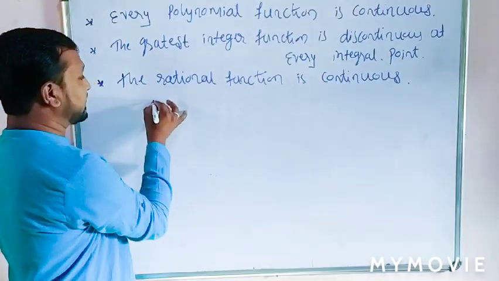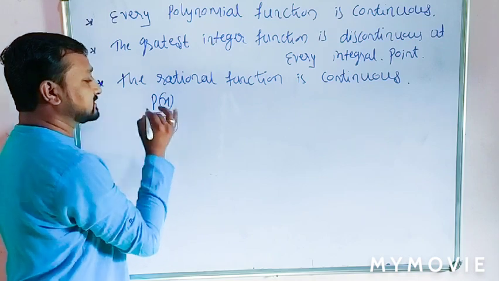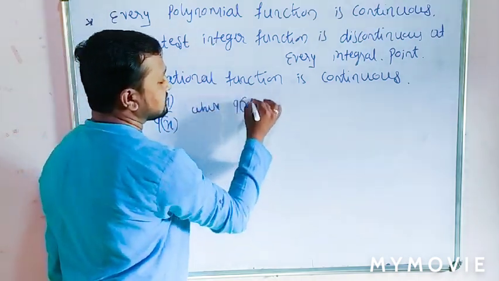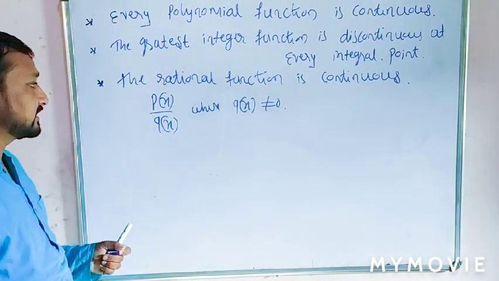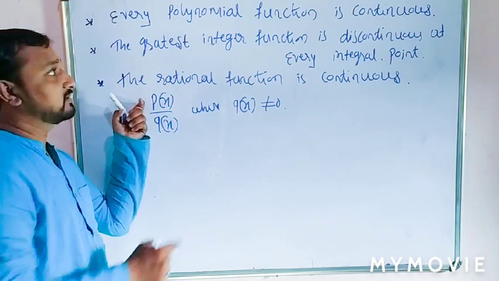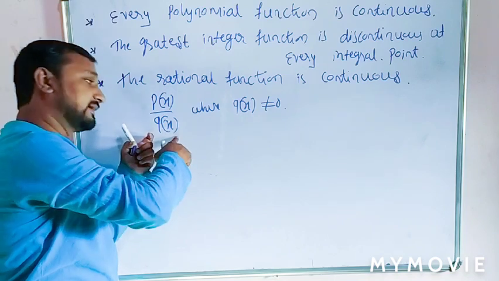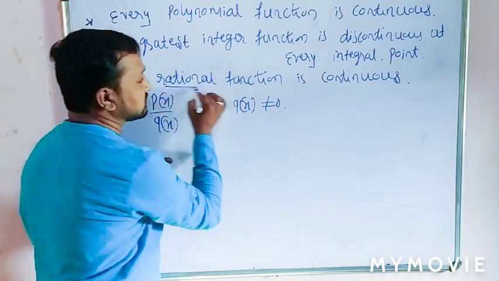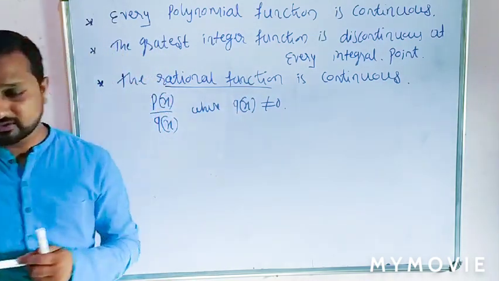A rational function is nothing but P of x divided by Q of x, where Q of x is not equal to 0. Is that clear? Here P of x is a polynomial function, and every polynomial function is continuous. Q of x is also a polynomial function, so it is also continuous. Then since these two functions are continuous, the rational function should be continuous. Is that clear? So this is an important point, students.